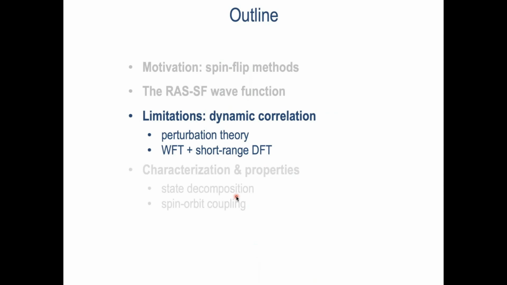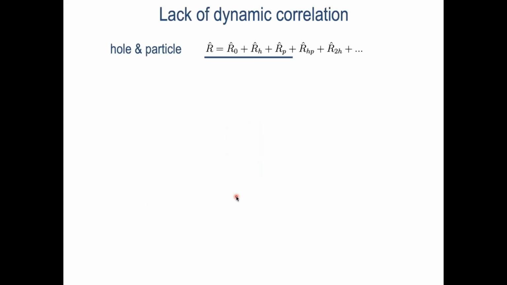So this is the method that we have been developing for the last years, and now let me tell you a little bit about the lack of dynamic correlation in this type of wave function. The main reason is the truncation that we do to our excitation operator.